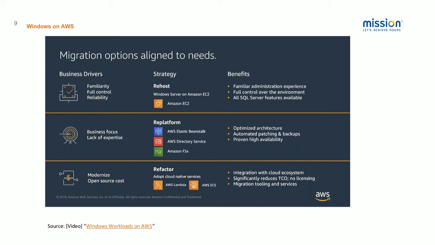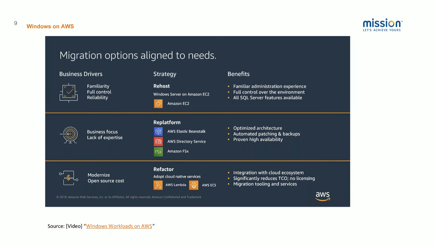So if you are going to rehost and in a lightweight way get to the cloud, you get deep familiarity, right? Full control, reliability. You're not changing a lot, but you are getting some of the initial administration experience with AWS. You're getting full control over the environment, and you have full access to all the capabilities of SQL Server.